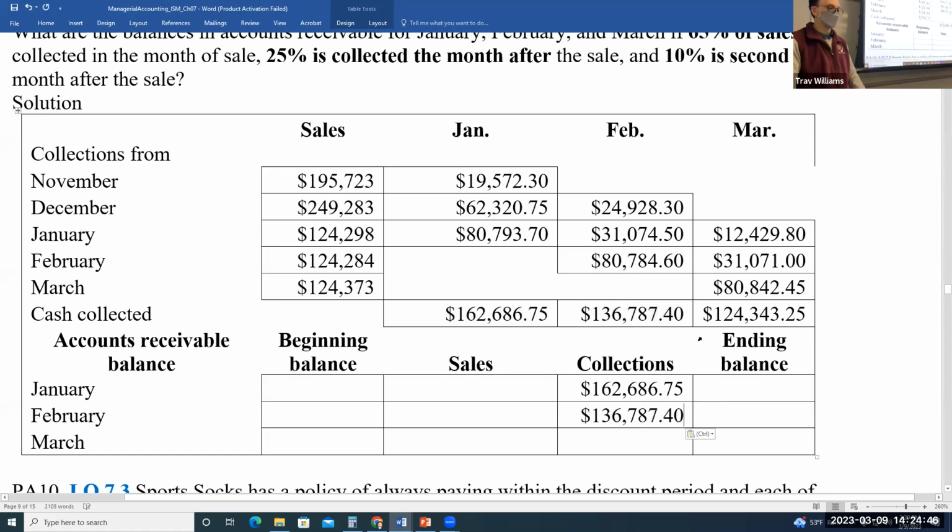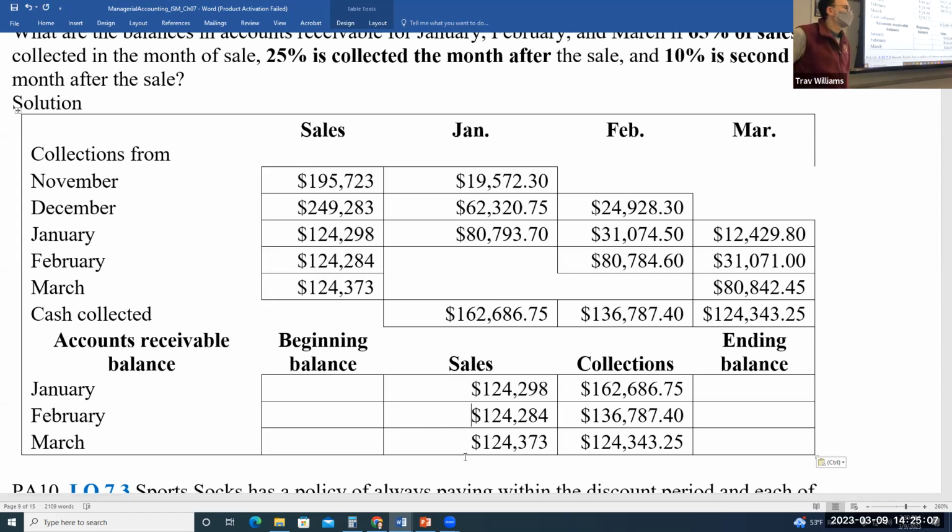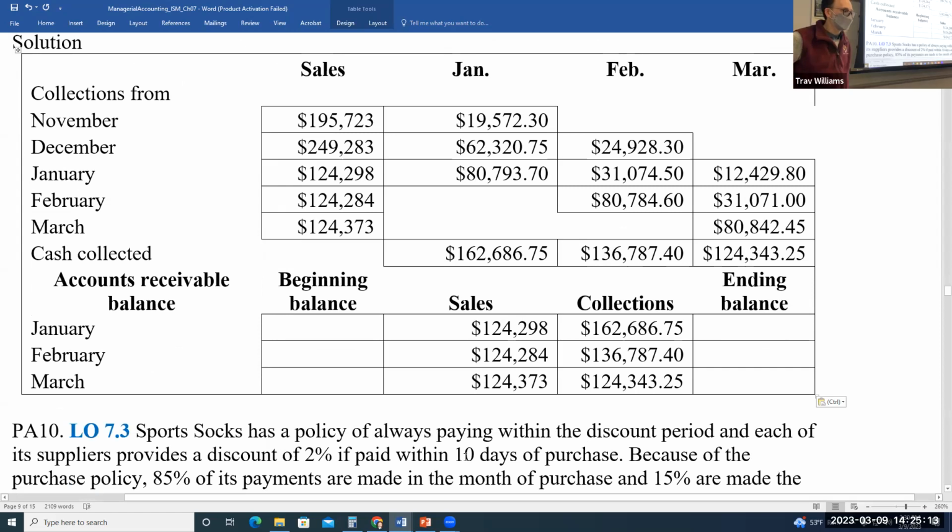February goes below that. And March goes below that. And sales, we can just copy over here, January, February, March sales. We can put right there. Okay, so I'll give you a minute to do that. And then the next question is going to be, what is our beginning balance in accounts receivable?